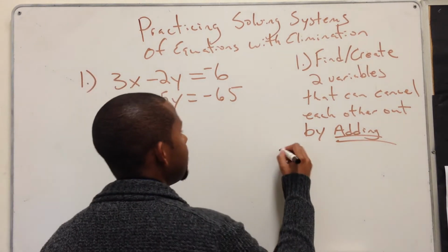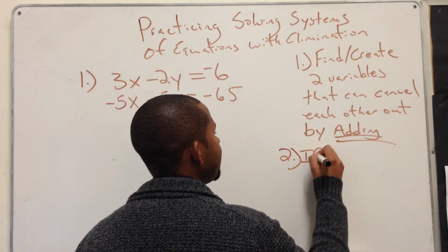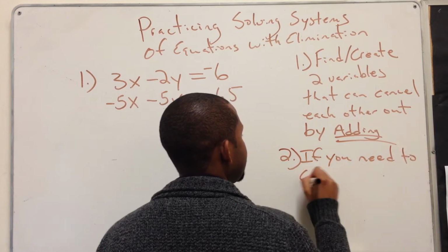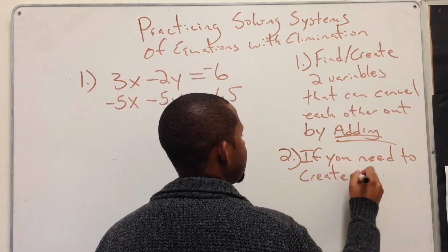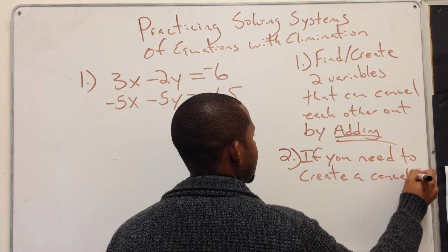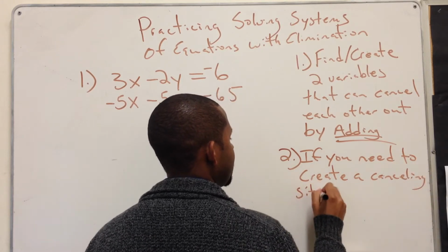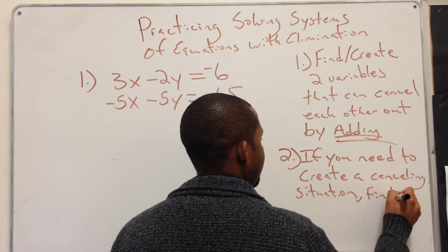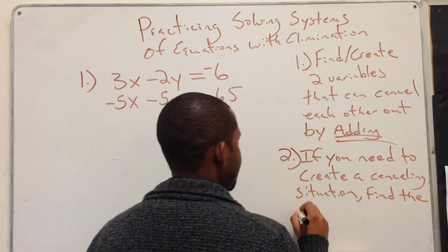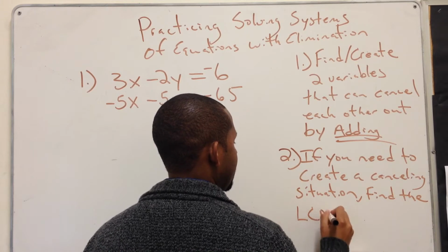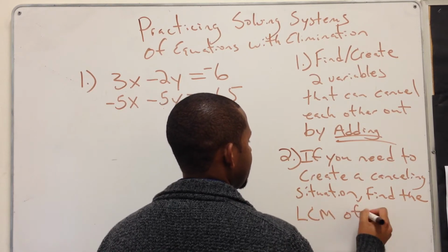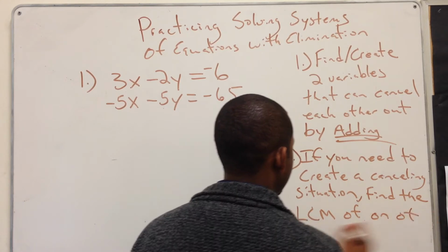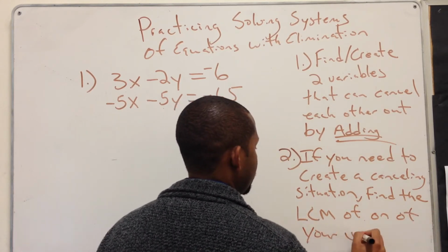So, if you need to create a canceling situation, find the least common multiple, the LCM, of one of your variables.